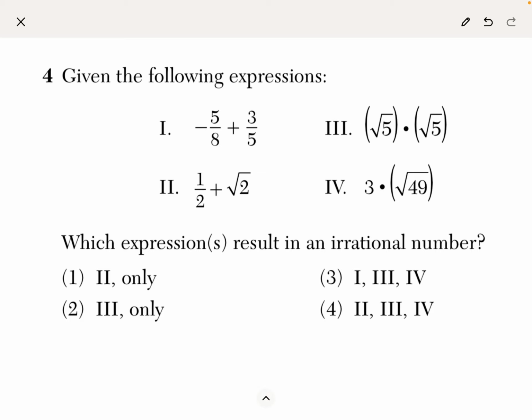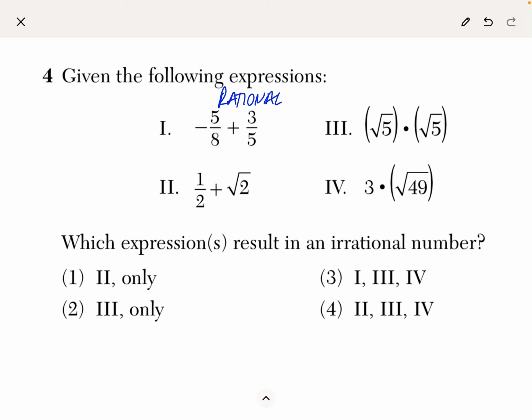So a negative 5/8, that's a fraction. All fractions are rational. 3/5, that's a fraction. That number is rational. So when I add two numbers together that are rationals, this entire expression is going to be rational, or the sum is going to be rational.